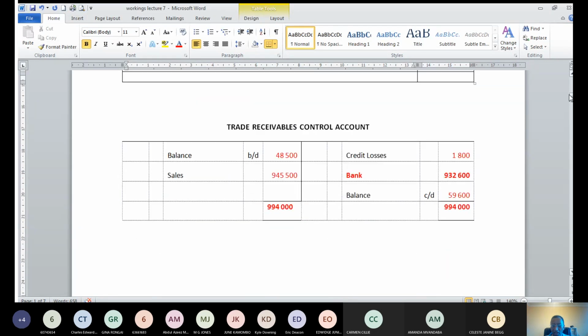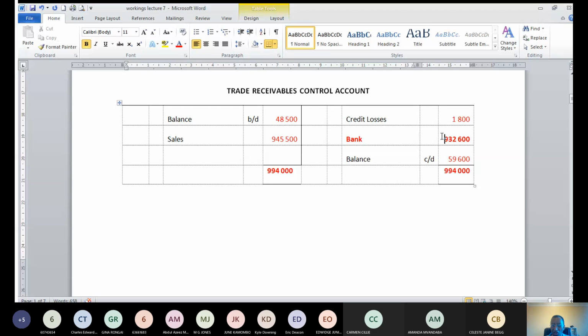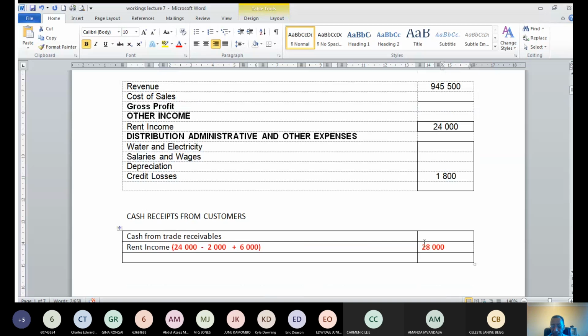I have calculated already now that the 932,600 Rand has been received from our trade receivables.